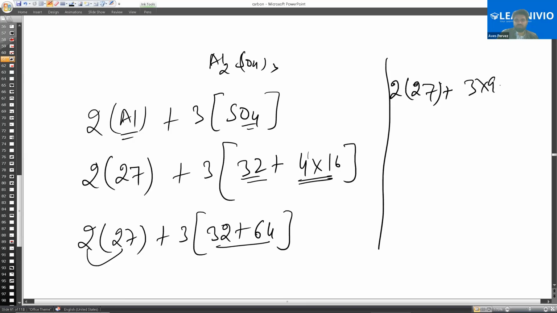So 3 into 96. Now 2 into 27 is 54 plus 3 into 96. 3 into 96 is 300 minus 12, 4 threes are 12. 300 minus 12 is 288.